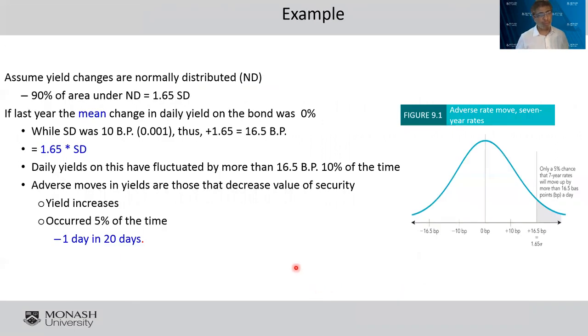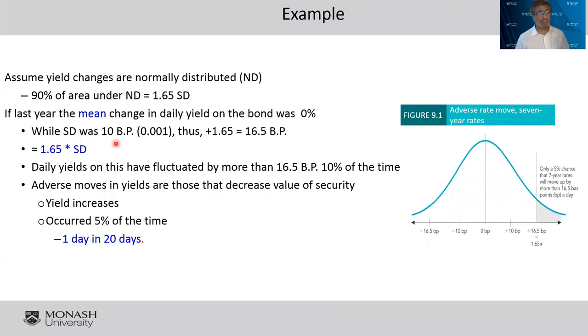Now come to our example. We are assuming 90% confidence, and if the last year's mean change in daily yield on the bond was 0, which means we expect 0, so we don't add it to this change. So this is actually 0, and this is the distribution of the yield.